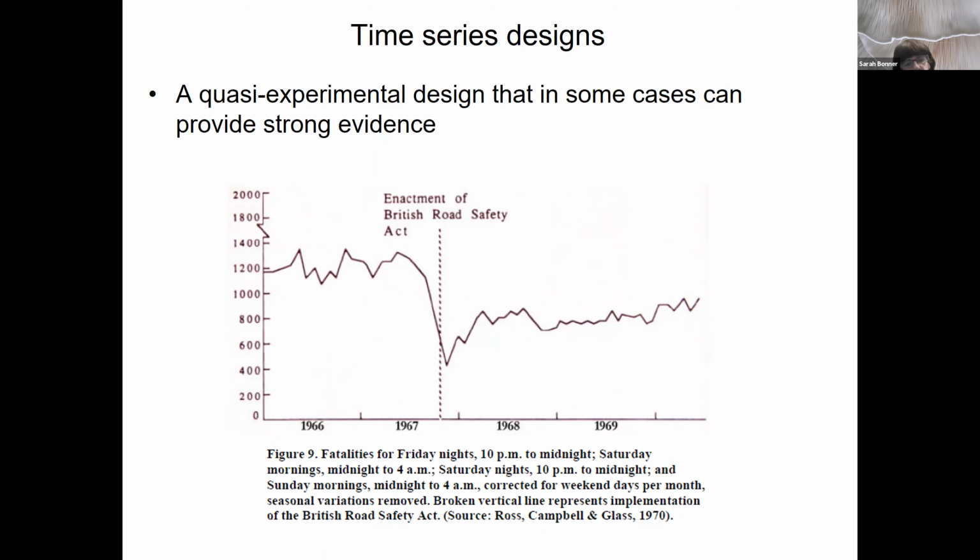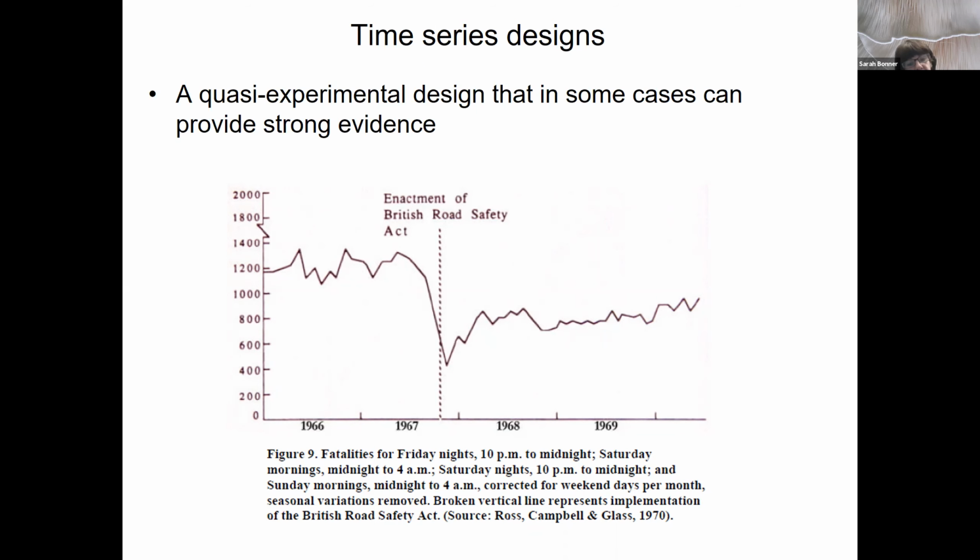But if you can rule out what are called plausible alternative hypotheses that would explain the effect, and the only thing you can find that explains the drop in fatalities is the enactment of the Road Safety Act, and you have looked far in the past, then you have a pretty good argument.